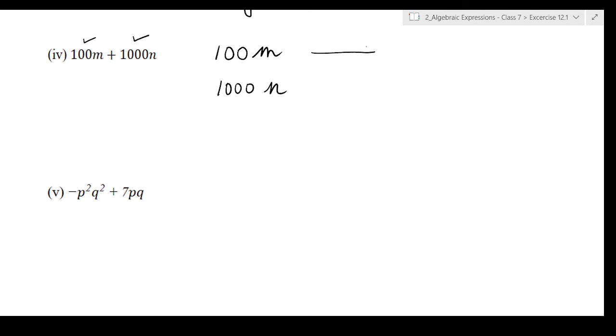So what is the numerical coefficient? What is the number that is attached to m? It is 100. What is the numerical coefficient attached to 1000n? It is 1000.